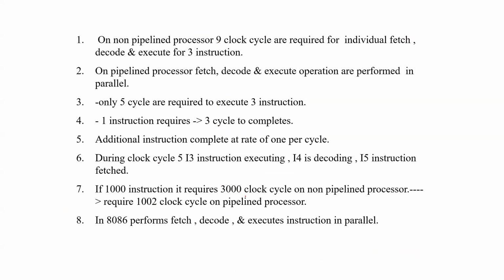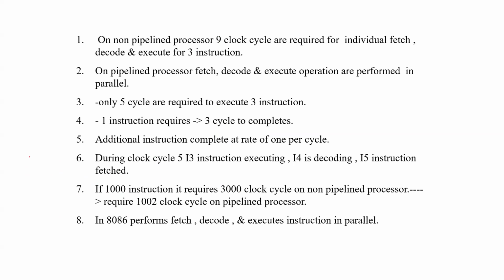So this is the thing. On a non-pipeline processor, 9 clock cycles are required for individual fetch, decode, and execution for 3 instructions. On a pipeline processor, fetch, decode, and execute operations are performed in parallel. Only 5 cycles are required to execute 3 instructions. What I told you already, that means less time is needed, simply.